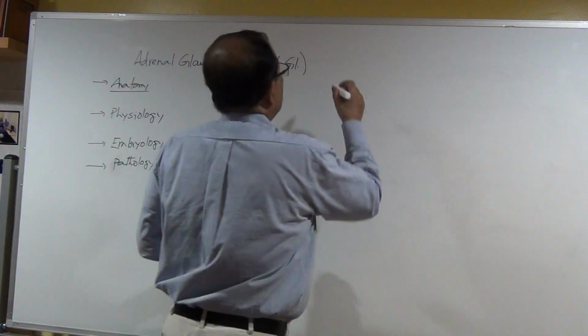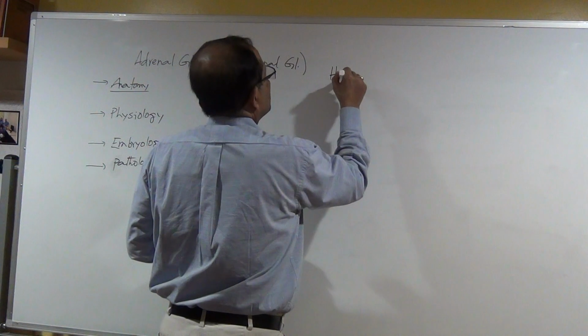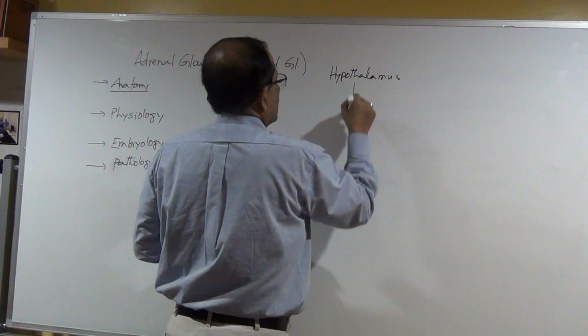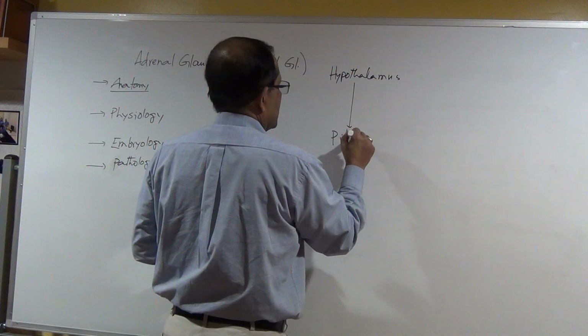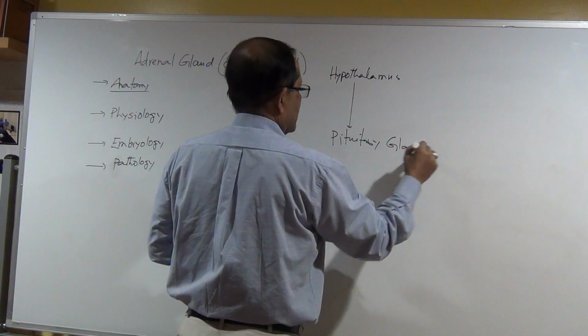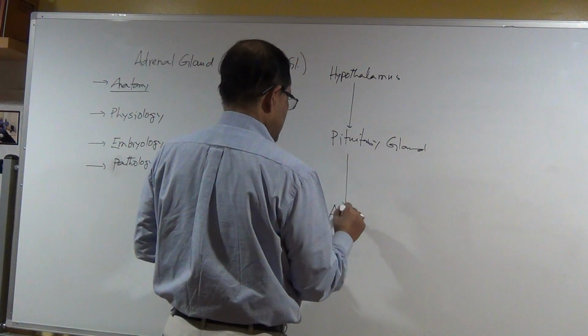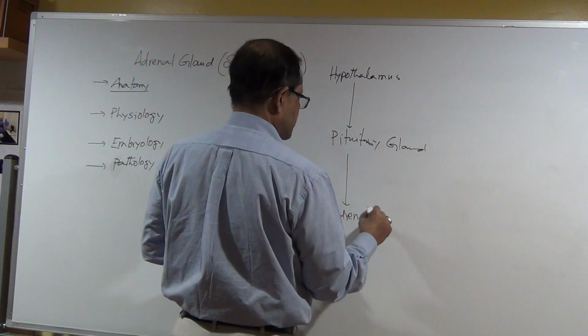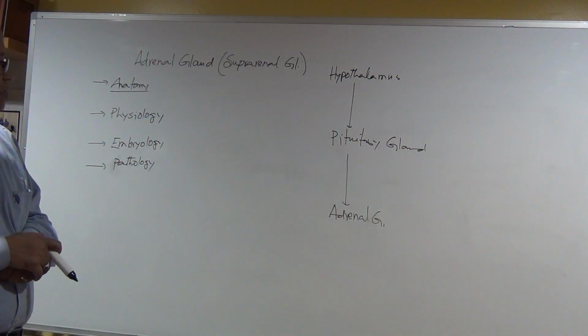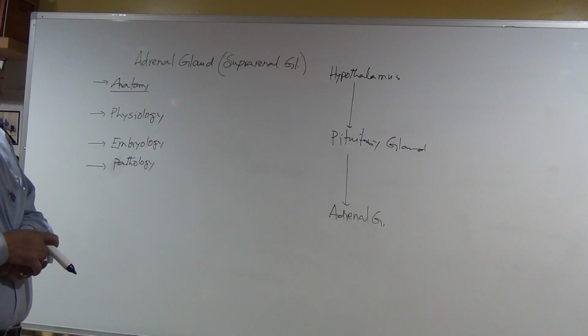So now, we have the hypothalamus. We have the pituitary gland. Then we have the adrenal gland. Okay?